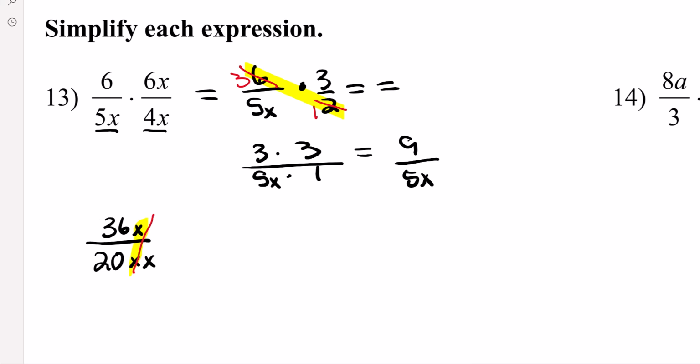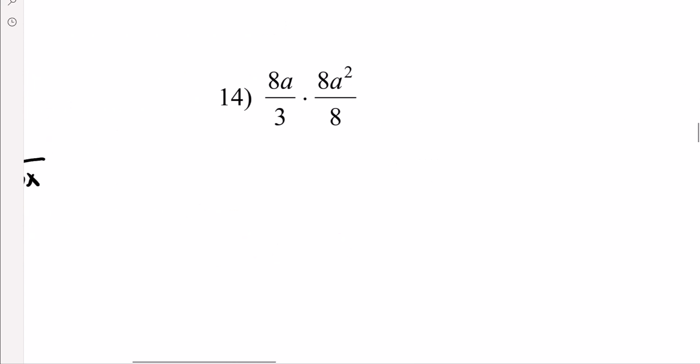And then 36 and 20, they both share a 4. So 36 is 4 times 9, 20x is 4 times 5x. 4 divided by 4 cancels. That also leaves you with 9 over 5x. So there's two different ways. You could simplify it at the very end like I did there.